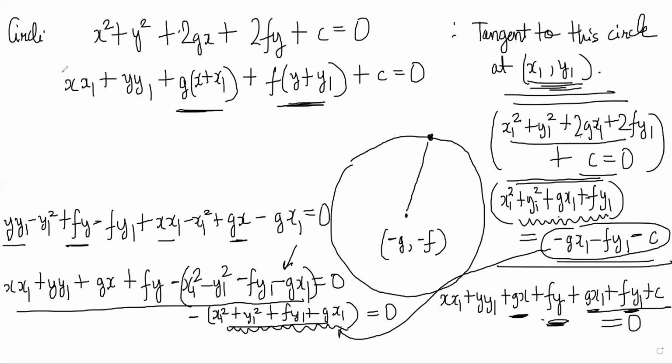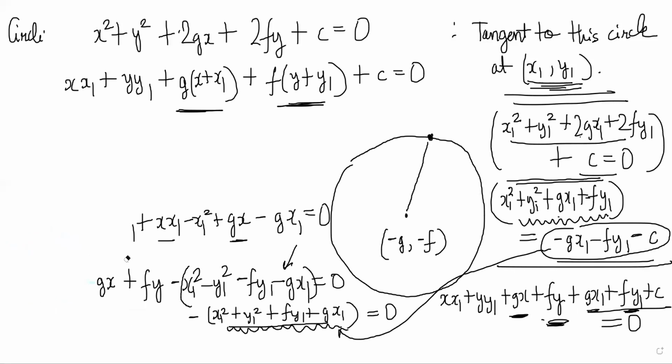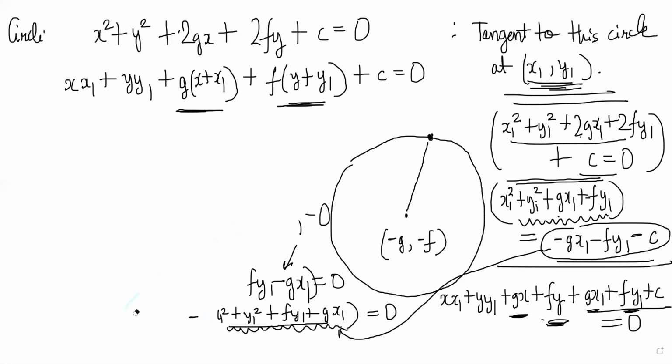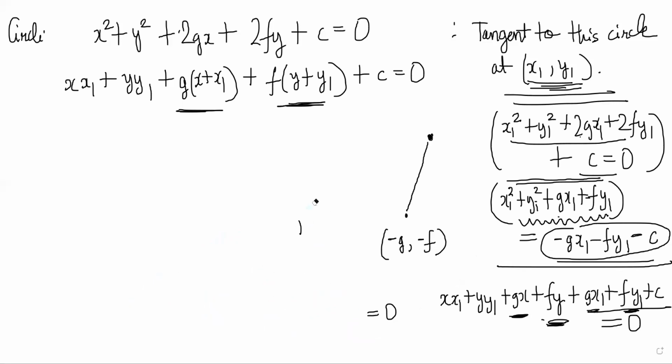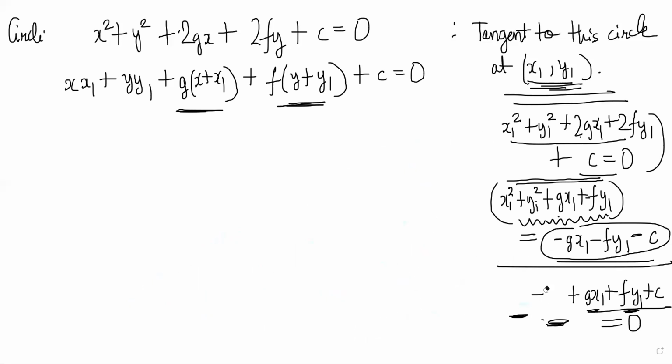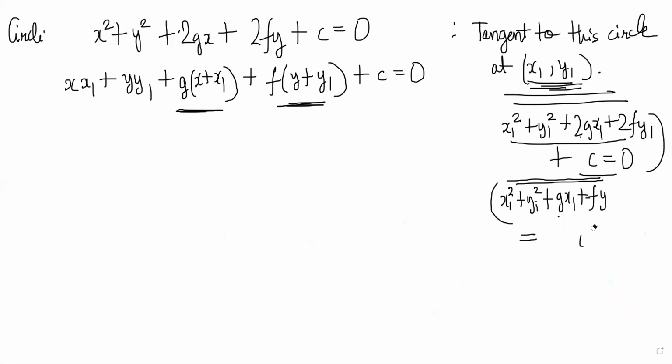The reason we are doing all of these manipulations is because now there will be an almost magical result. Like we right now know that the circle equation is this, the tangent is this, at x1, y1, right? Now, before this, we had already proved that if the circle was x square plus y square is equal to a square, then the tangent was coming out to be x x1 plus y y1 is equal to a square, right?